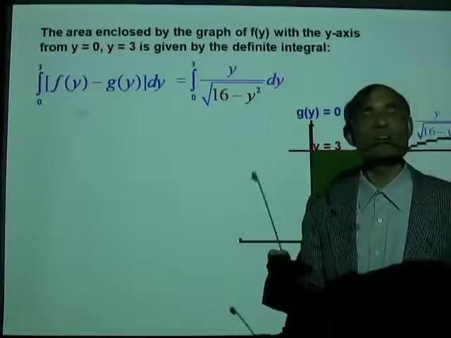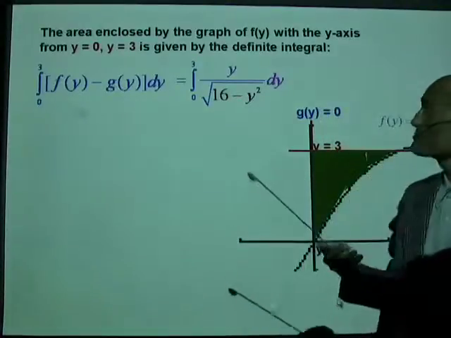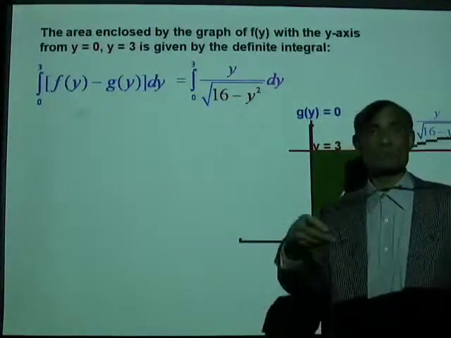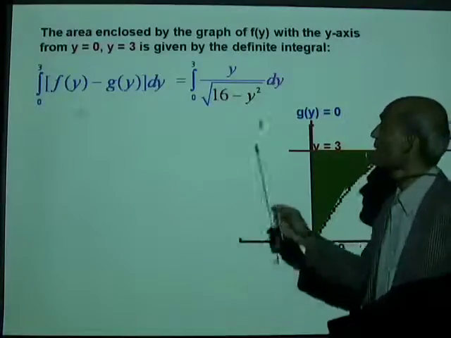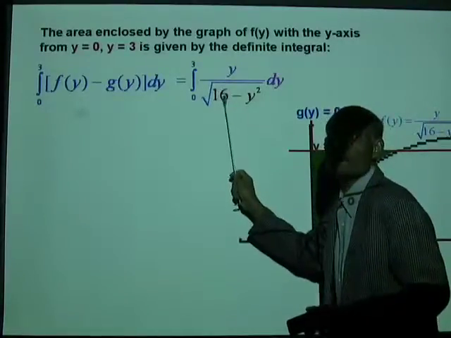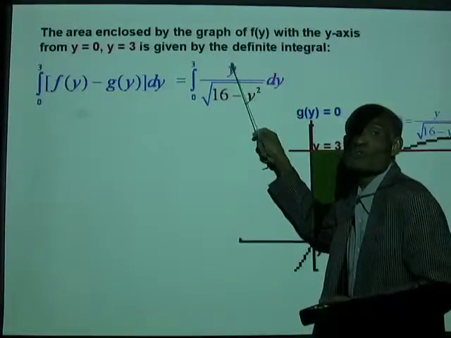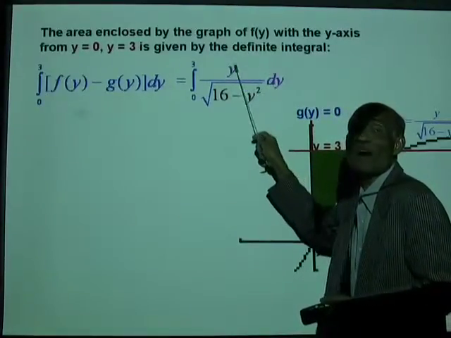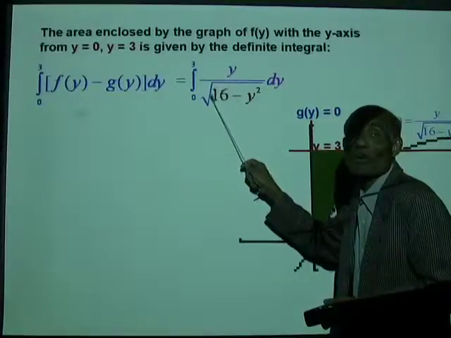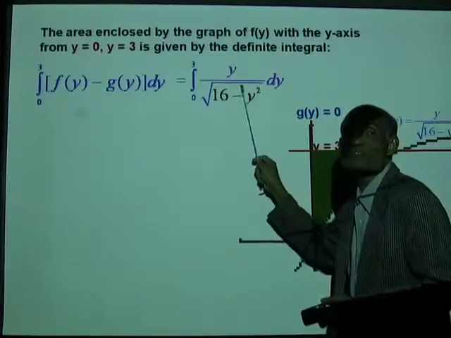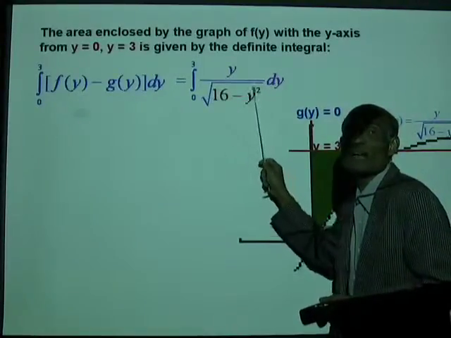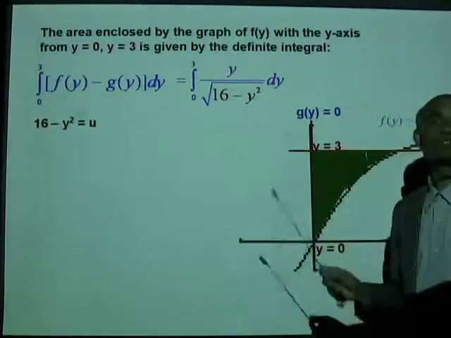If you remember the integration by substitution skill that you developed in Calculus 1, the denominator under the square root you have 16 minus y squared. On the numerator you have y dy. Therefore, you can make an easy substitution that 16 minus y squared equal to u.